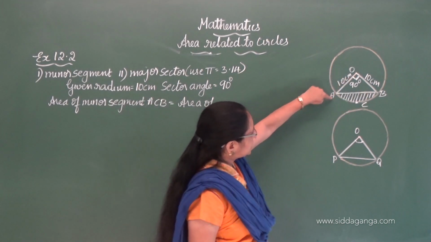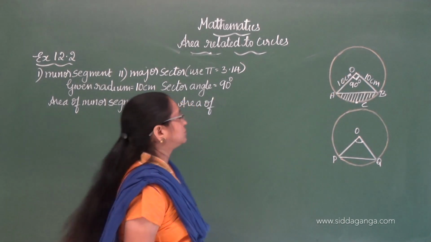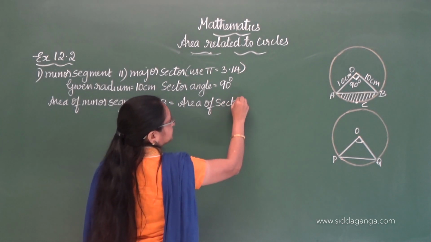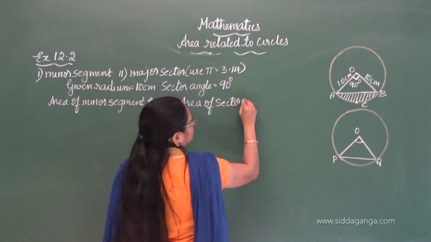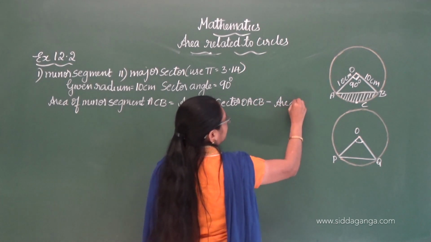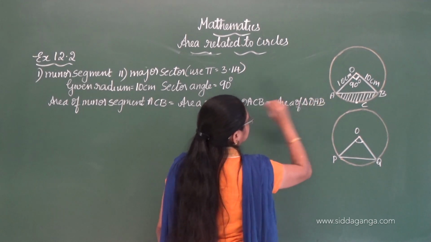I told you, area of the sector minus area of the triangle. So area of sector OACB minus area of triangle OAB.